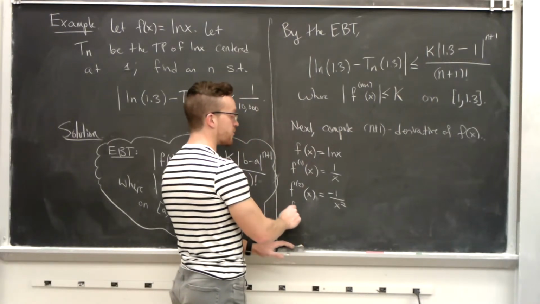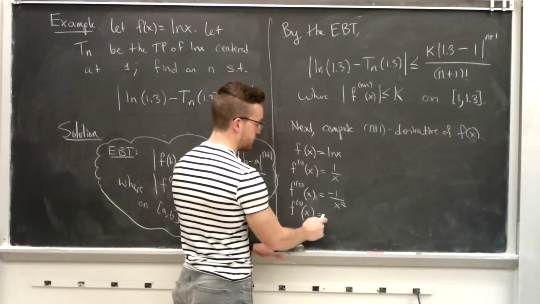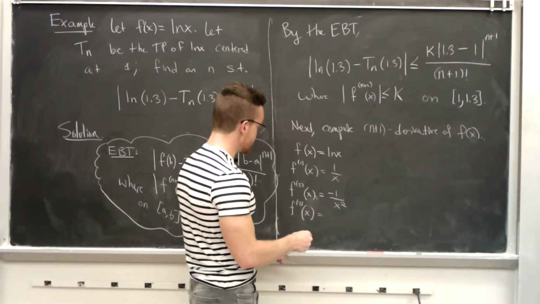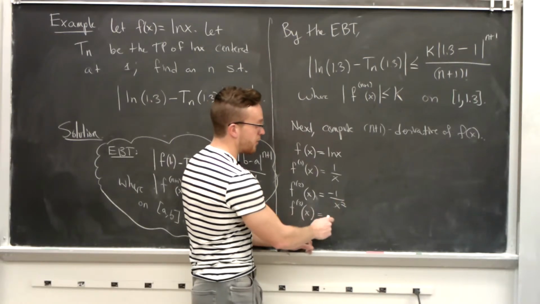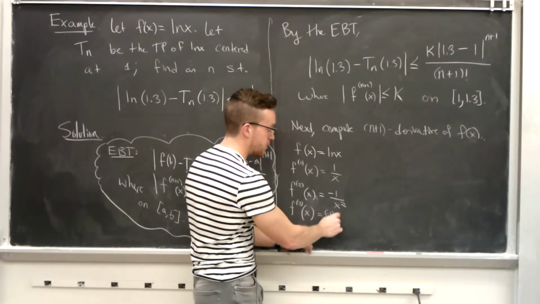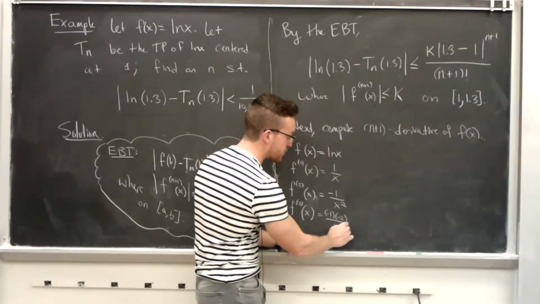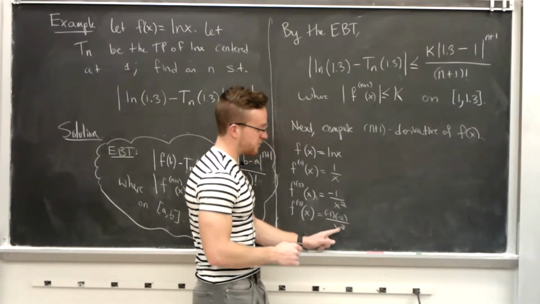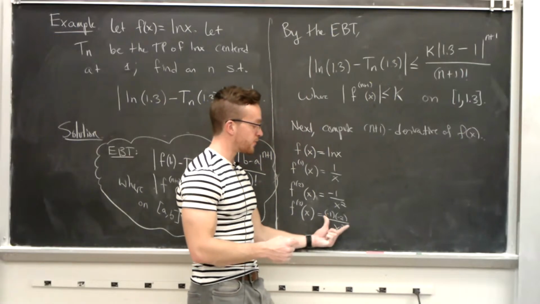What about the third derivative? The third derivative, I would bring down the negative 2 and decrease the power to negative 3. Now, here's something that's come up a couple of times.